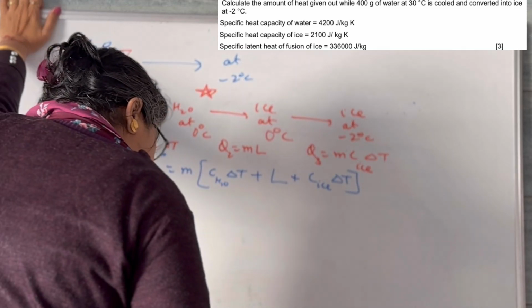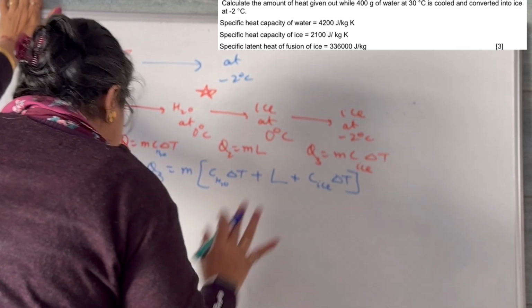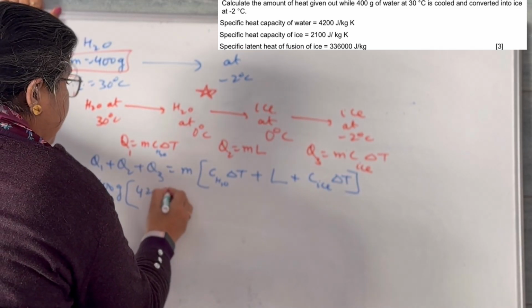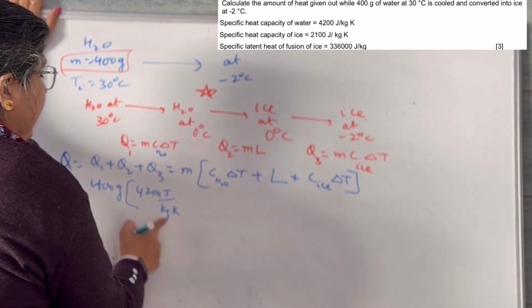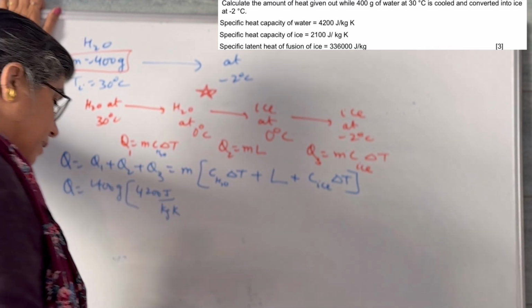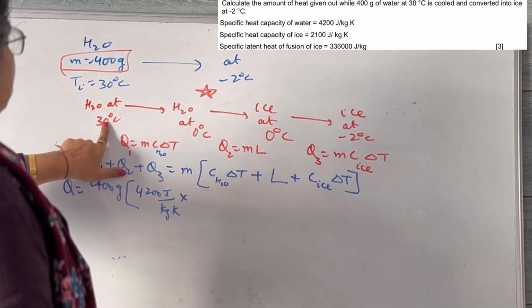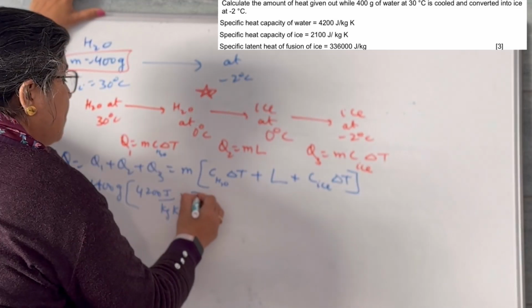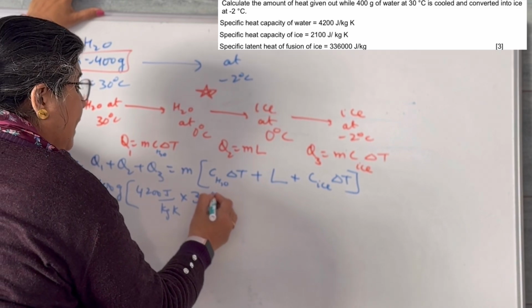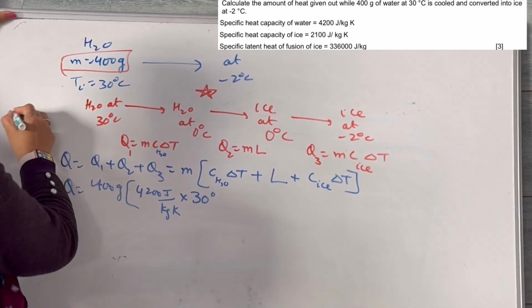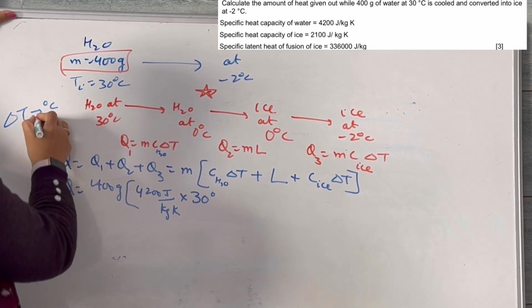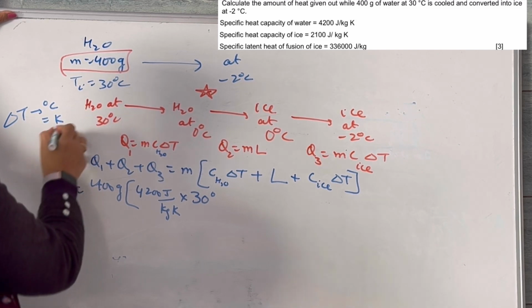C of water is given as 4200 joule per kg per Kelvin, they keep making this kind of mess, times change in temperature. Water from 30 to 0, higher minus lower, 30 degree centigrade. Delta T in degree centigrade is the same as in Kelvin.